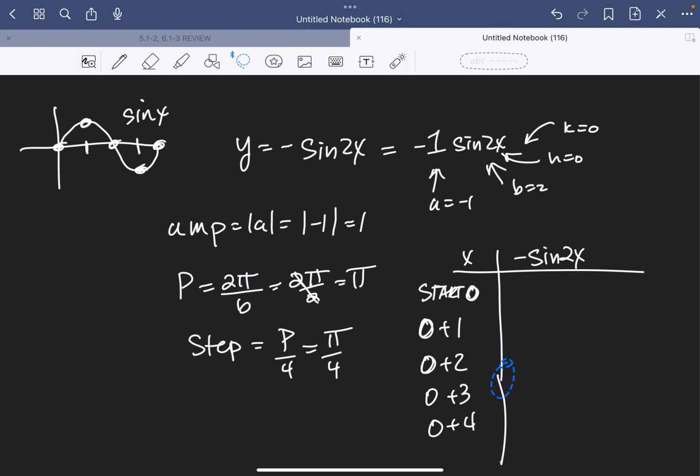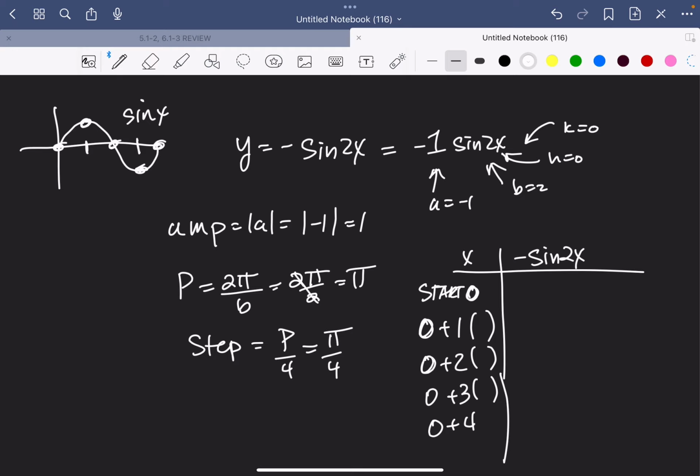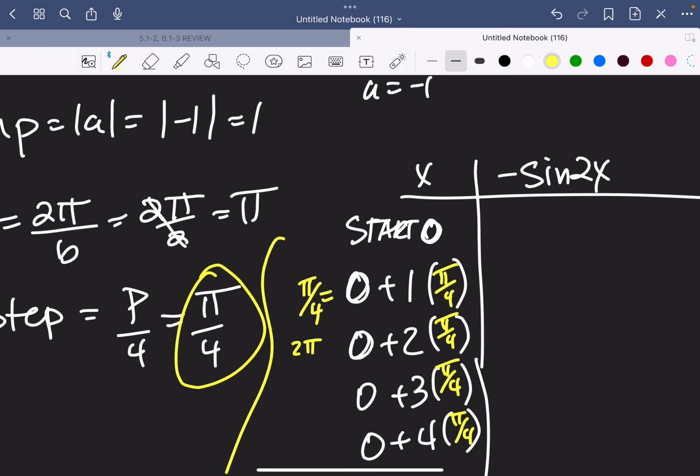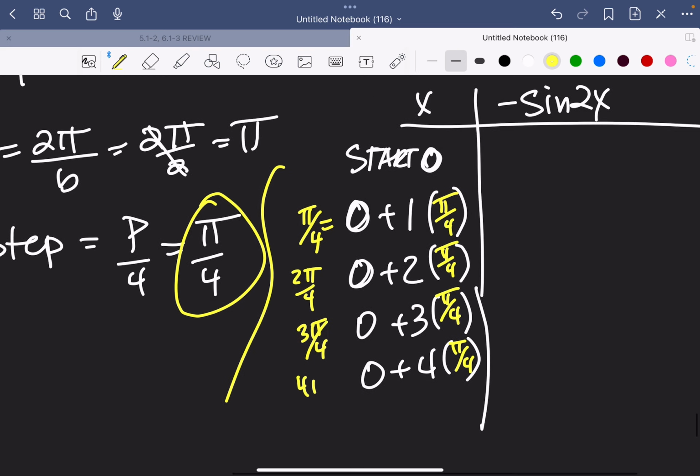How big is each step? Okay, let's see. We said each step was pi over 4. So that's 1 pi over 4, that's 2 pi over 4, 3 pi over 4, and 4 pi over 4.